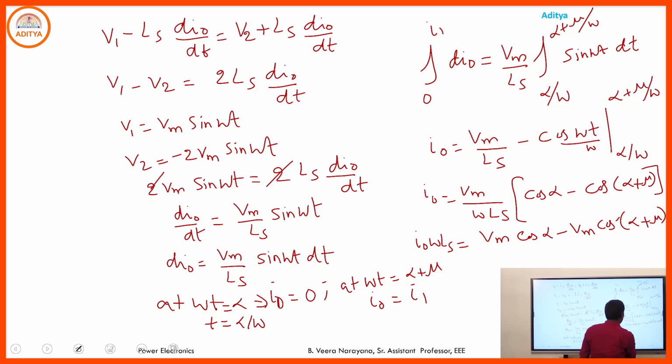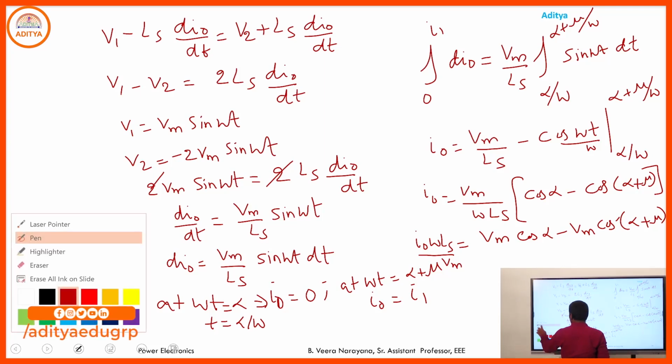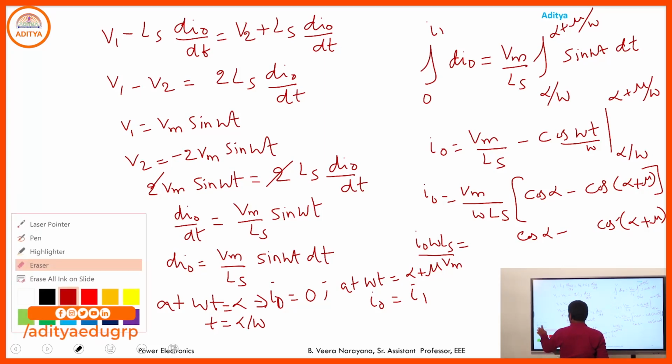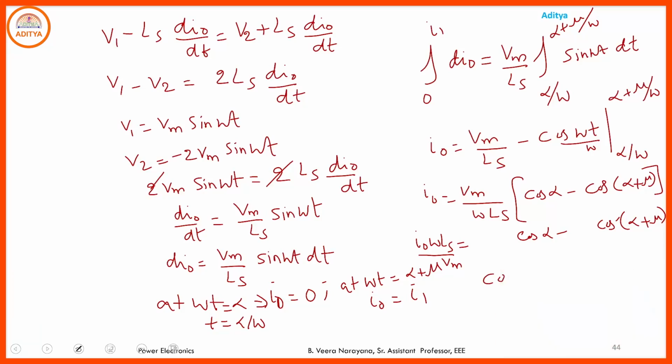Or I naught omega Ls by Vm, no problem. Then cos alpha plus mu is equal to cos alpha minus Vm divided by I naught into omega Ls.